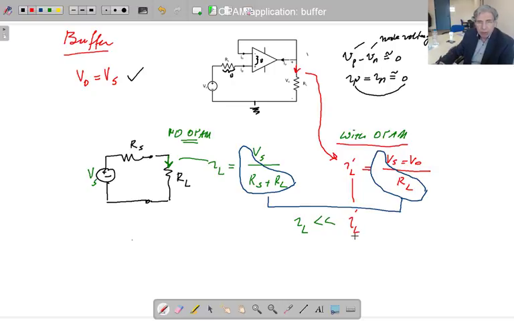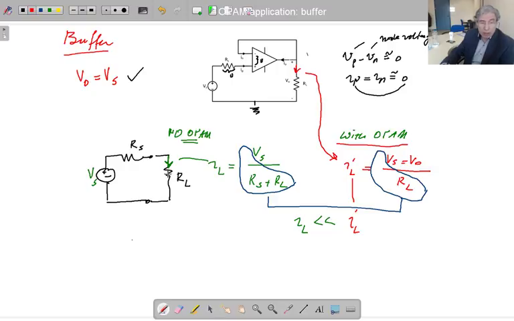So what happened is this: the power consumed by this resistor is going to be less in this one and it's going to be higher in here. That means you transferred higher power to RL in this circuit and less in this circuit.